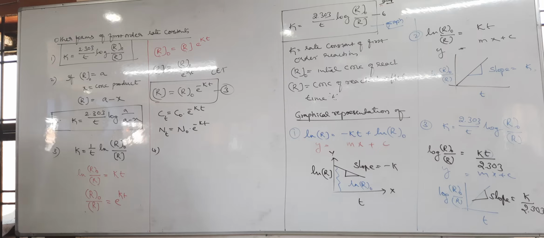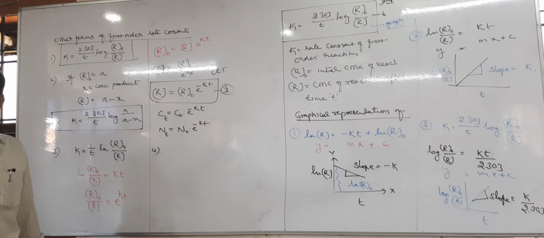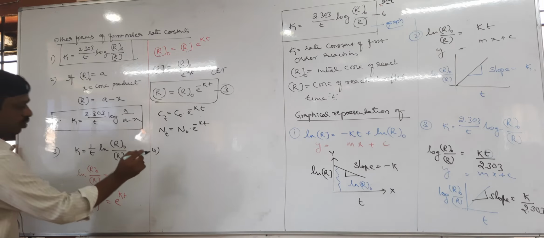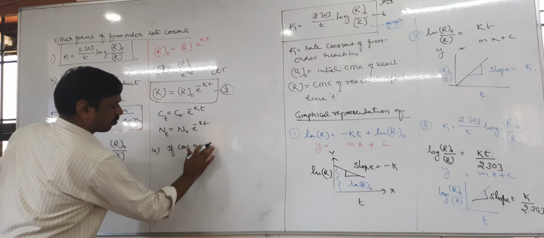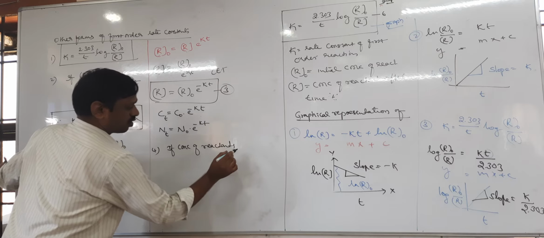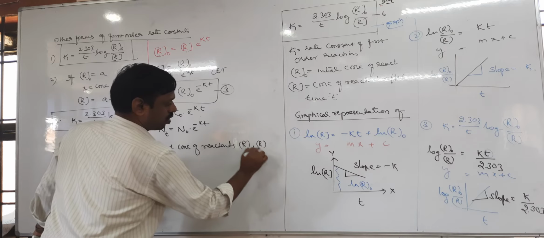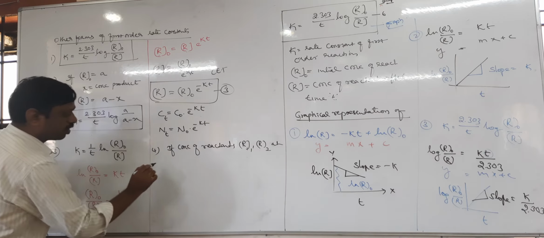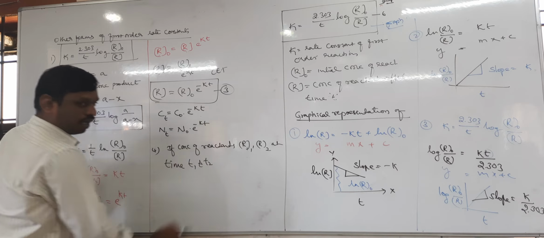So the fourth equation is: if the concentrations of reactant R1 and R2 are given at times T1 and T2, it means two concentrations at two times are given, then what is the first order rate constant?